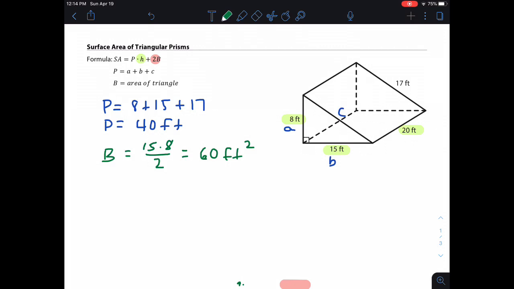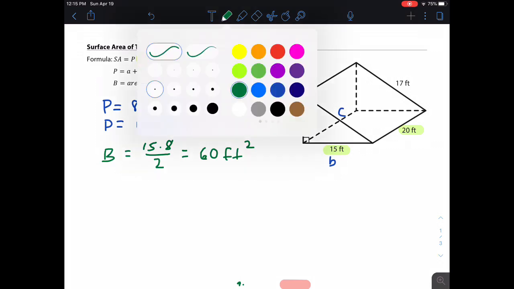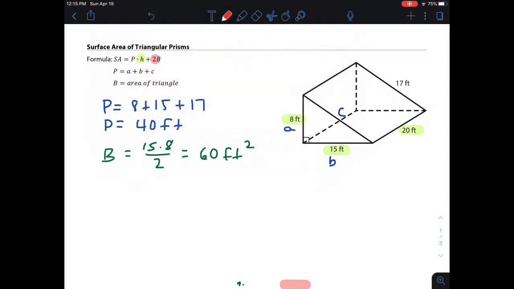Okay, now that I have P and B, I can go back up to my formula for surface area. Let's do red. The surface area is equal to the perimeter times the height. Remember, it's the height of the prism, and this one's laying on its side, so the height is 20.